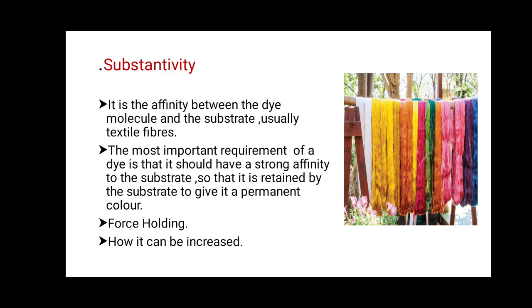Substantivity is a very important characteristic required for a good dye. The most important requirement of a dye is that it should have a strong affinity to the substrate so that it is retained by the substrate to give it a permanent color.